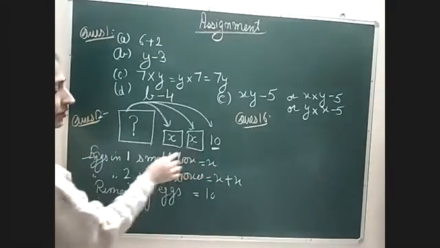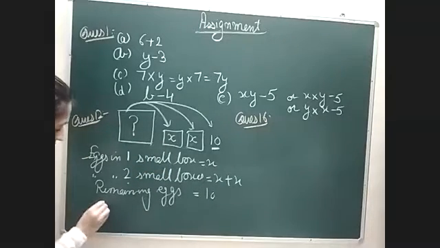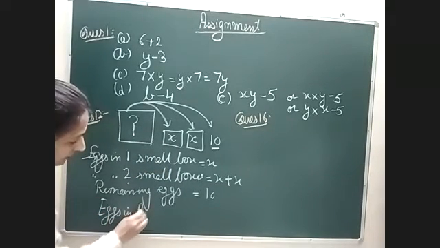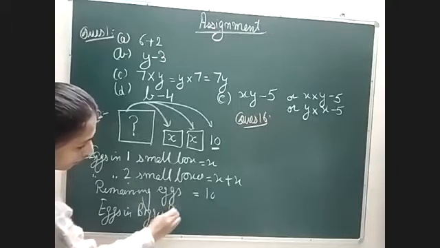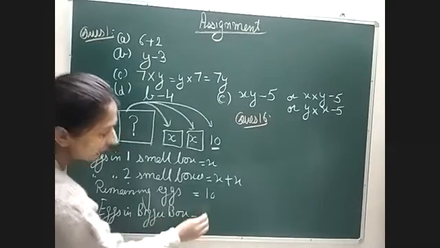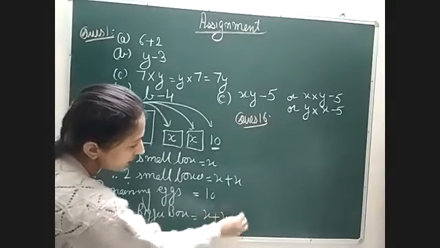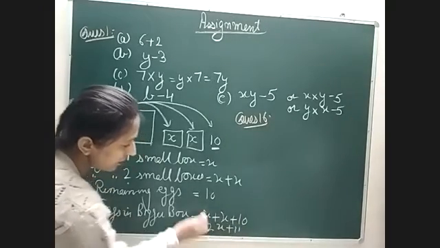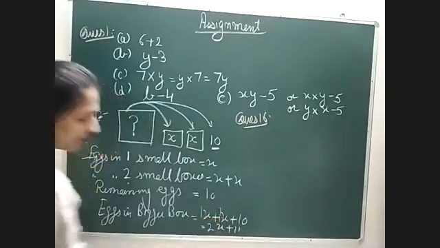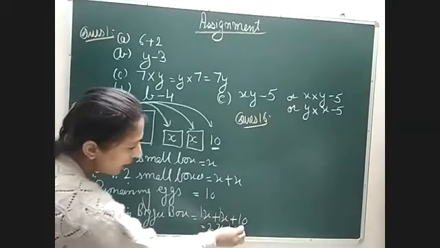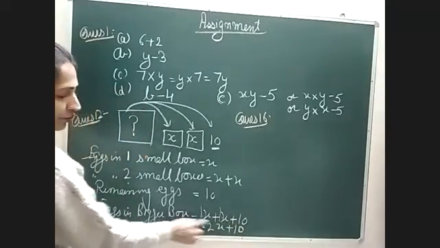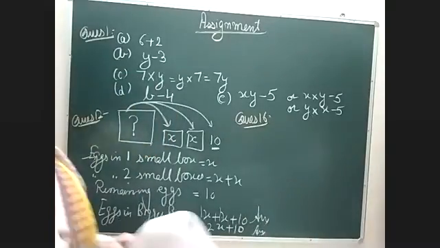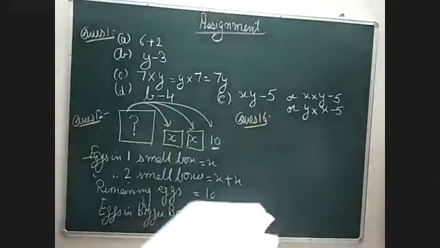So all 3 were there in the bigger box. So in the bigger box there were x plus x plus 10. You can also write 2x plus 10 because here it is 1 time x, 1 time x, that means 2 times x plus 10. So this answer is also right and the second one is also right. Both the answers are right.